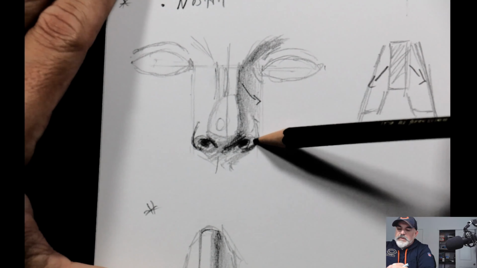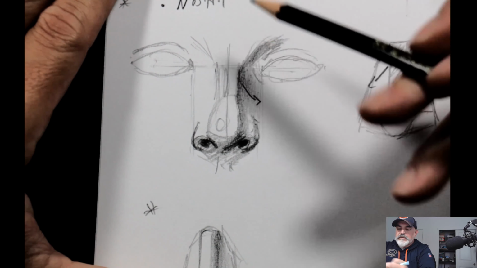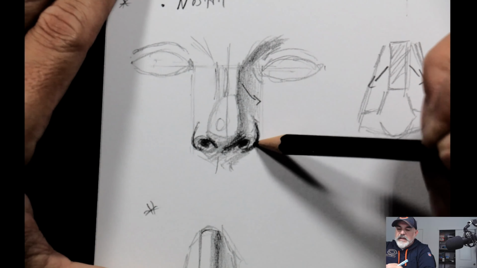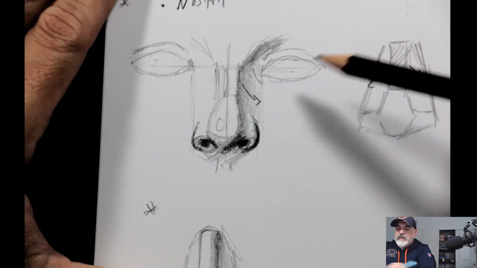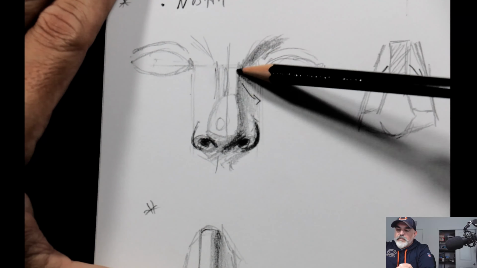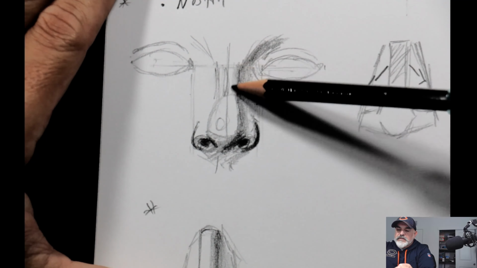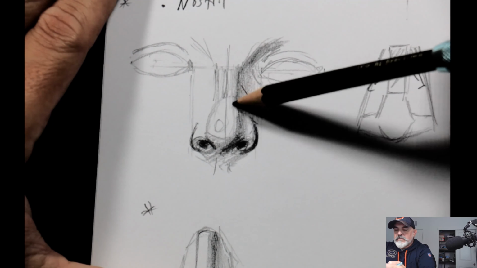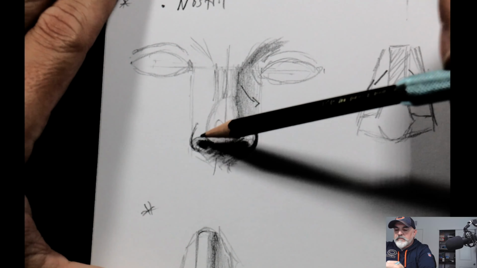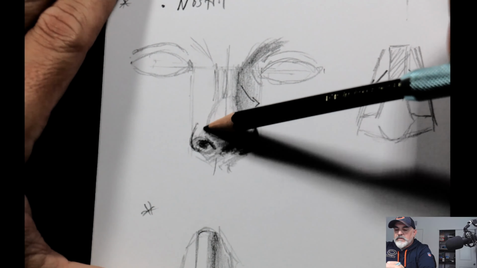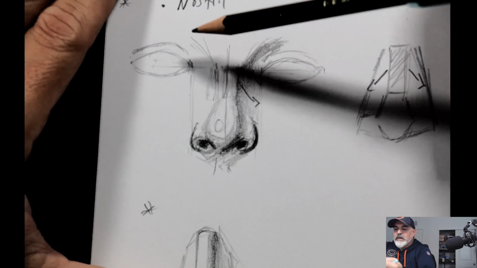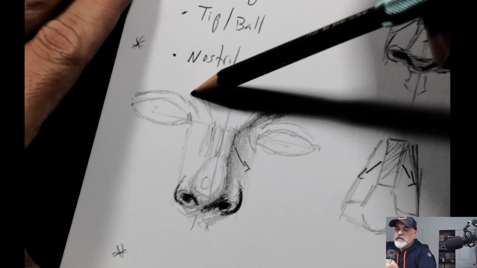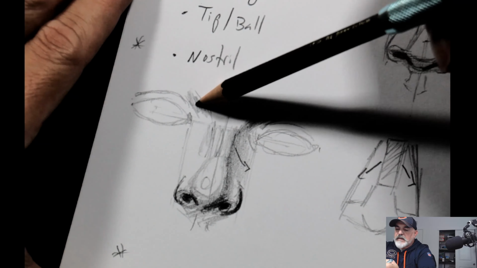And the values in between are what we call our midtones. And there's going to be a shadow on this side from the fold. Okay, and then we have where the light's hitting. So this is going to have some mid-tone ranges. This will have a bit of a value. You're going to get a shadow here because it's, again, above the eye.